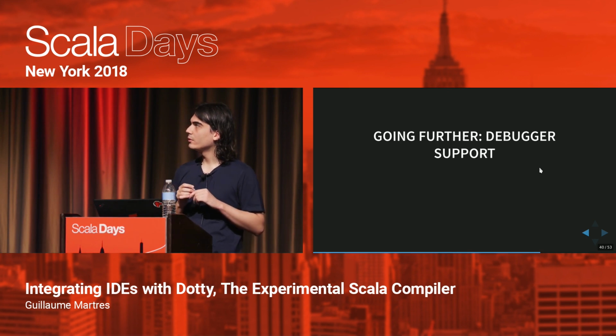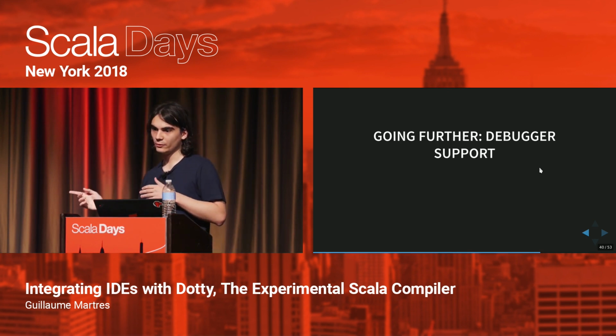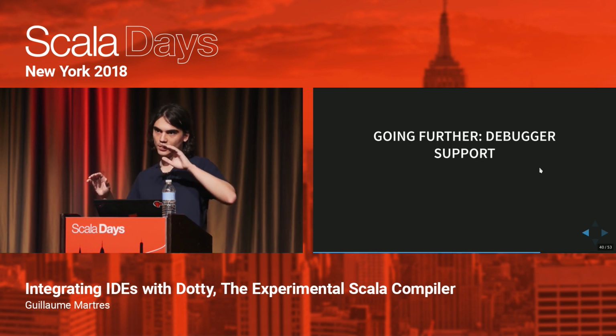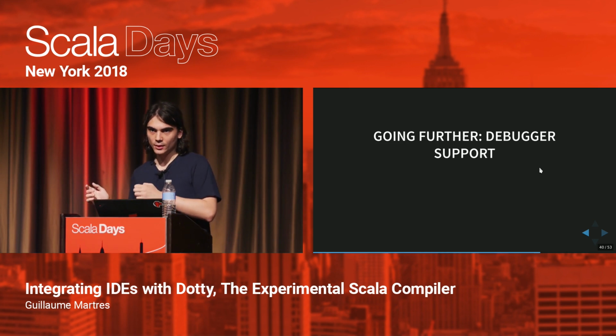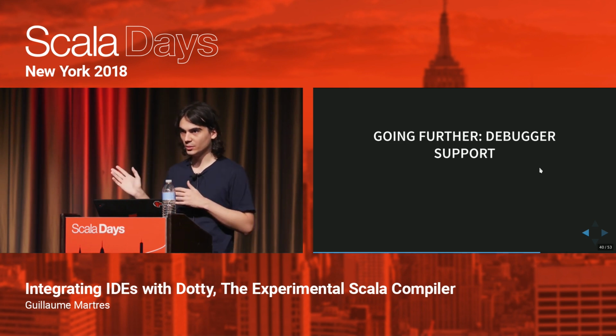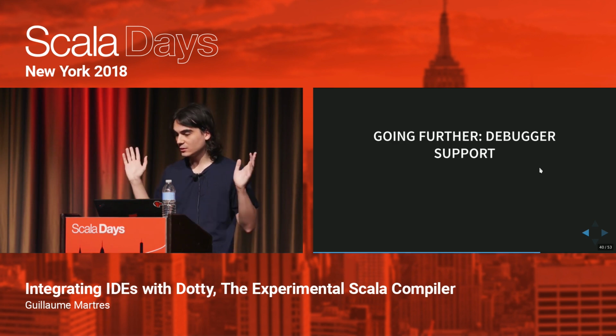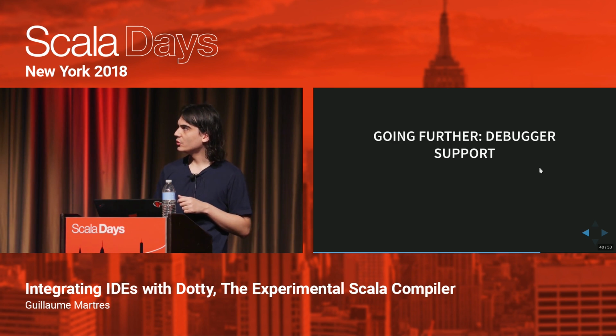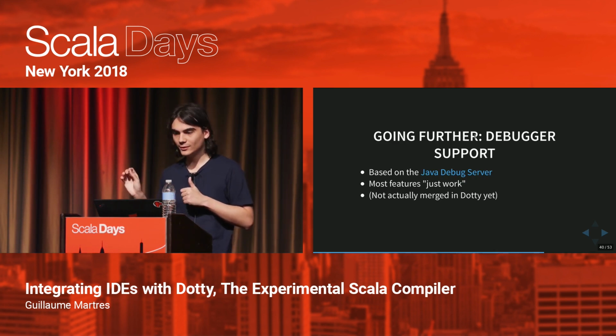And so the fact that this Java debug server exists is very interesting for us because the way this works is it's an interface between the Java debugging interface APIs and the debug protocol. And the same debug APIs that Java uses, of course, can work with Scala if you compile your Scala code to Java. So most things just work, but not enough that I can merge it in Dotty yet.